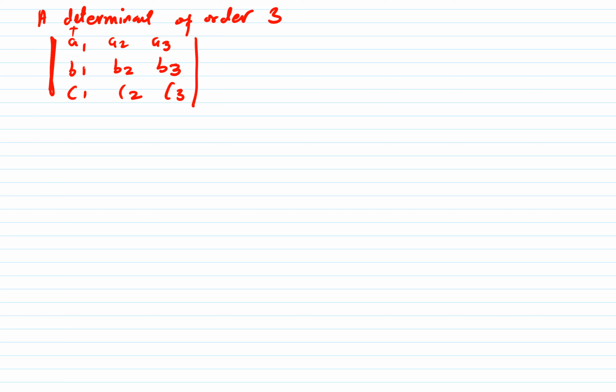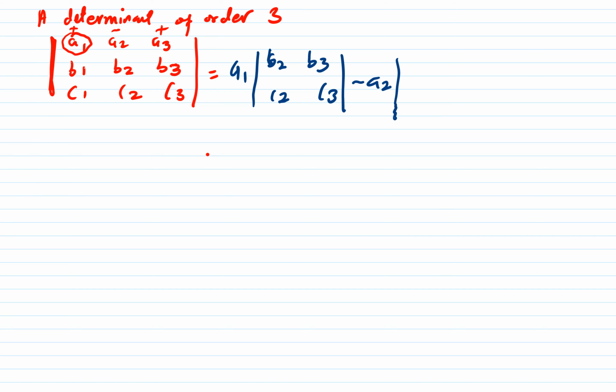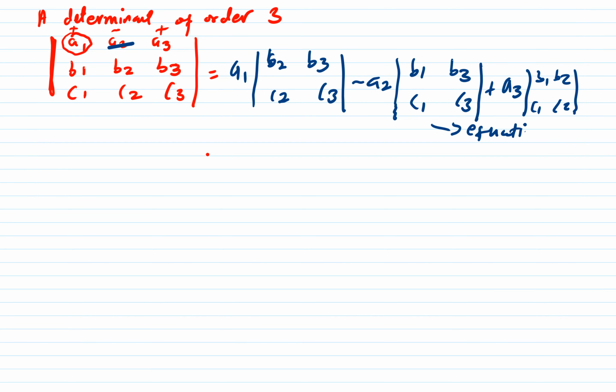With a1, under it we have b2, c2, b3, c3, and we don't take the row and column of a1. Then we can rewrite it using the basis vectors, which is the standard basis vectors.